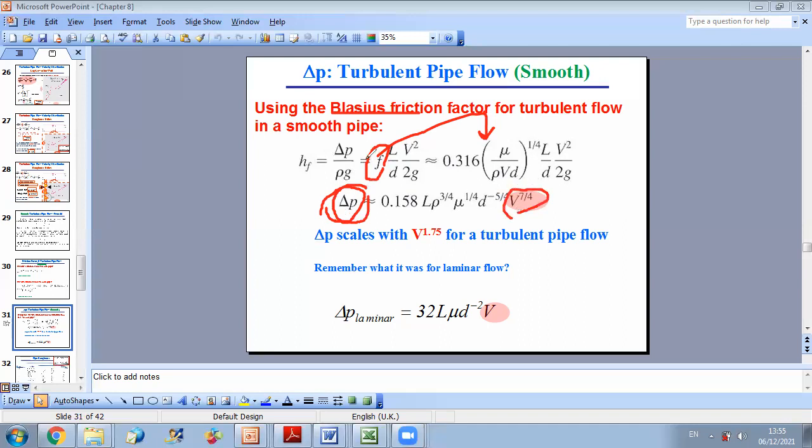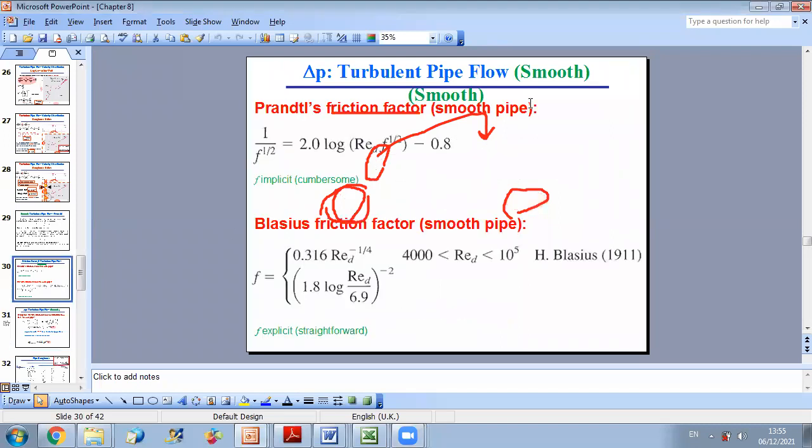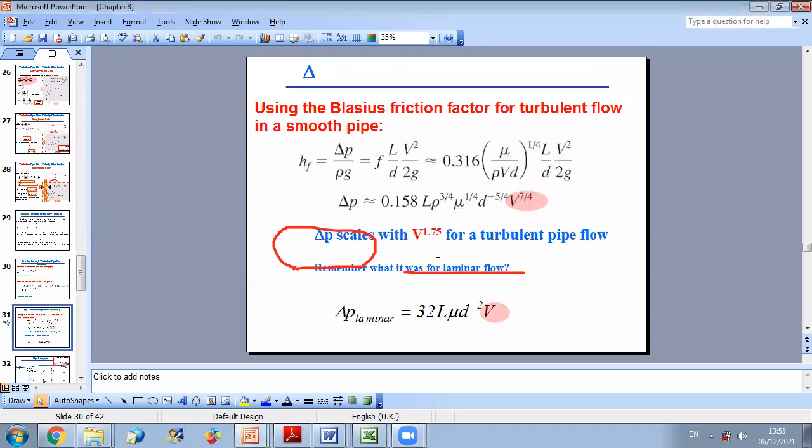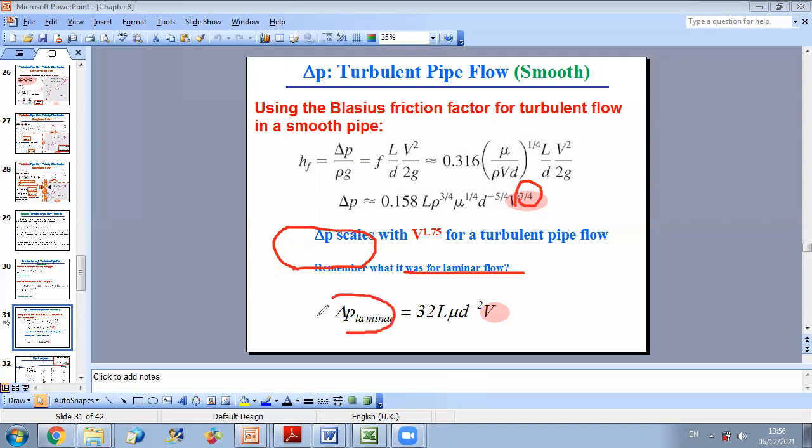The empirical relation of Blasius is that for Reynolds number between 4,000 and 10 to the power 5, I can replace the friction factor for a smooth pipe by the following result. If you just replace in this equation, you will see that your delta P is proportional to V to the power 7 over 4, while the expression we developed last time for the pressure drop required to overcome friction was proportional to V.